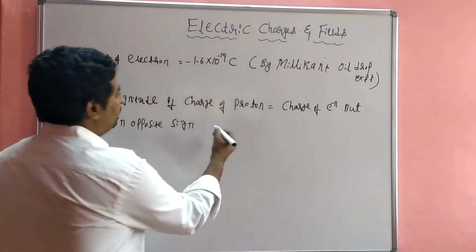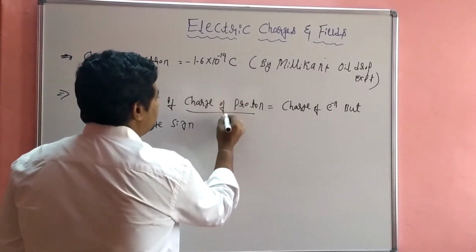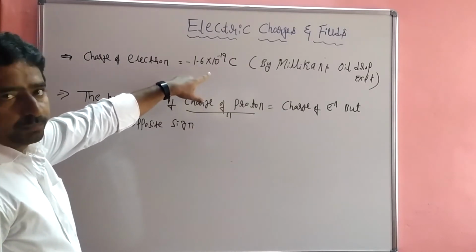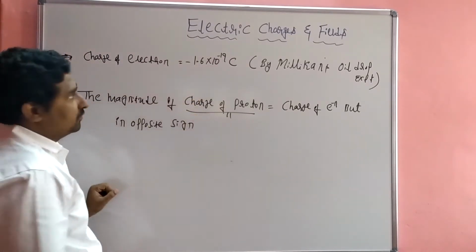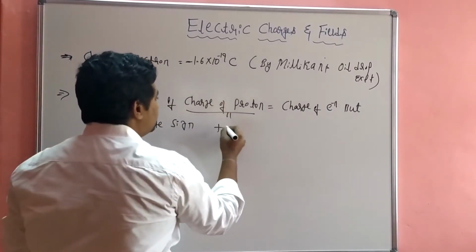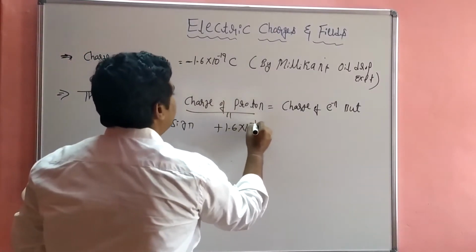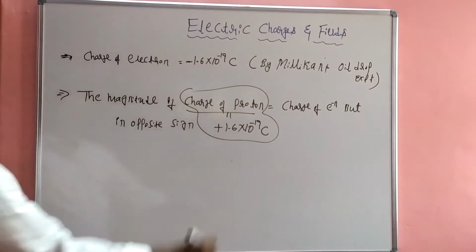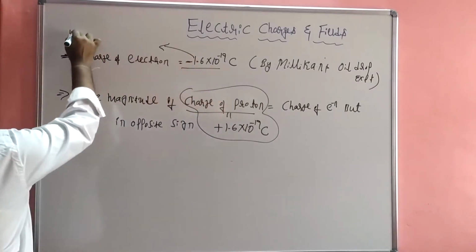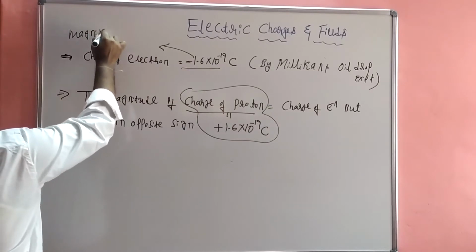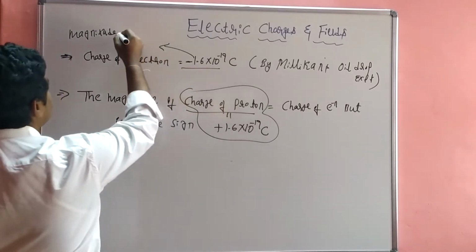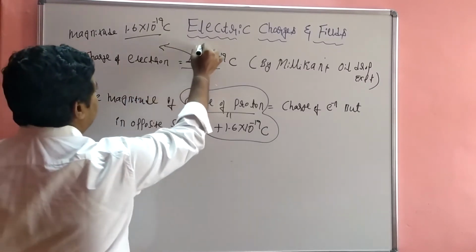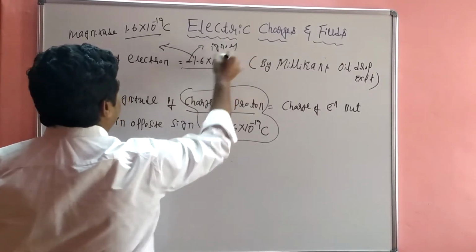So the charge of electron is minus 1.6 into 10 to the power of minus 19, and in opposite sign it is plus 1.6 into 10 to the power of minus 19. That is called the charge of proton. This is in terms of magnitude, so it is considered 1.6 into 10 to the power of minus 19. So ignore the sign part.